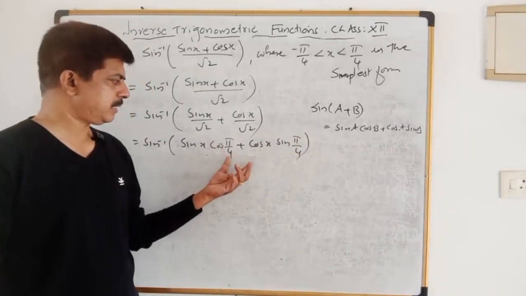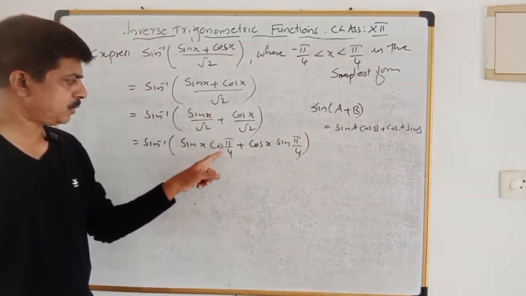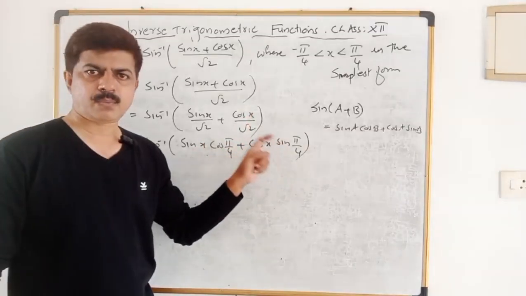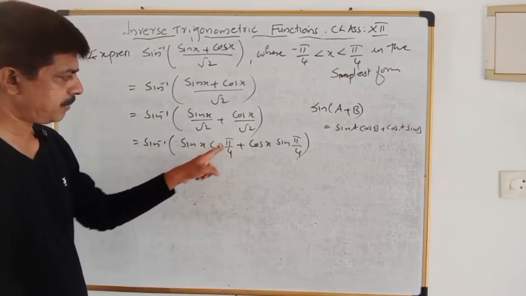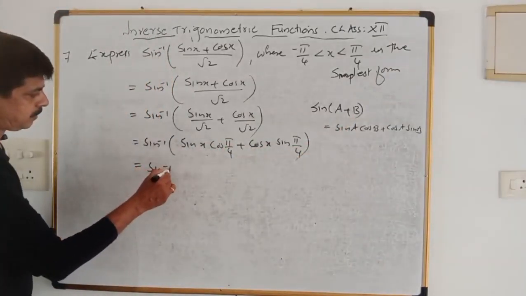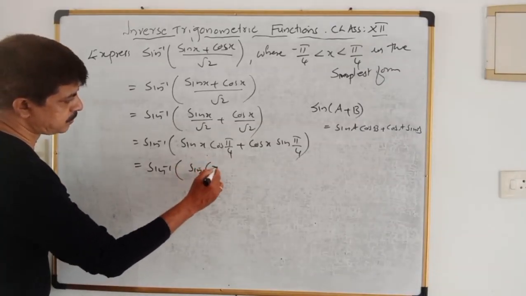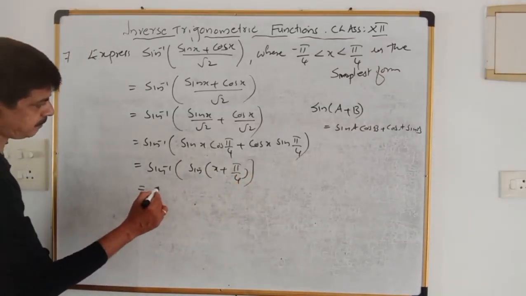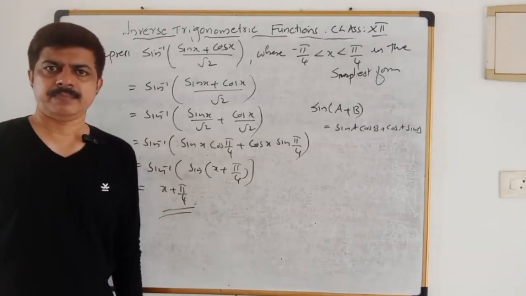So this expression is equal to sin A cos B plus cos A sin B, which we know is sin of A plus B. Here A is x and B is pi by 4. So sin inverse of sin becomes x plus pi by 4. This is the answer. Clear?